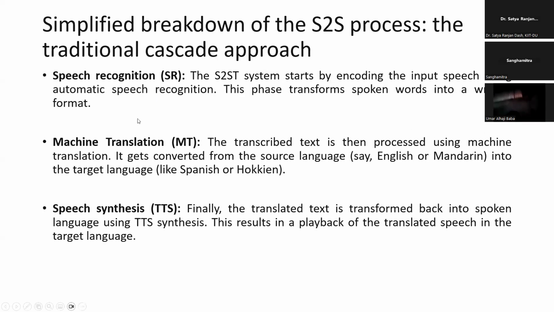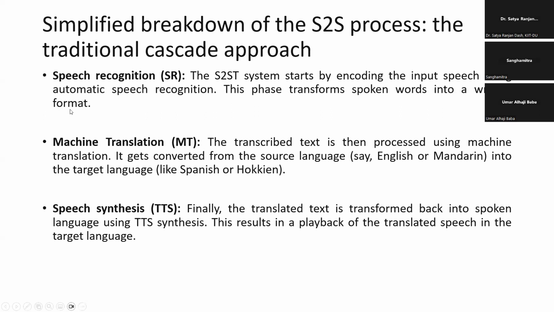So the first module, that is the speech recognition module, its function is to encode the input speech and then transform it into written text. So our input will be speech and the output of this module will be the corresponding text. The entire process involves various tasks.